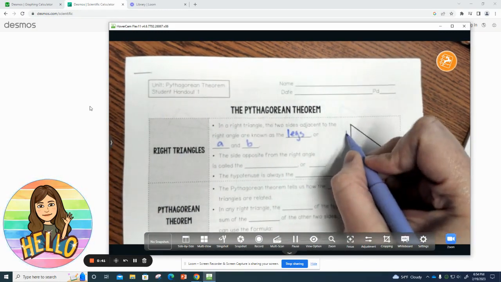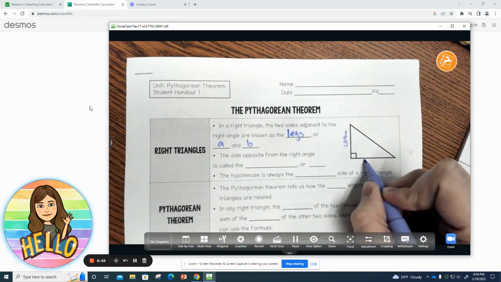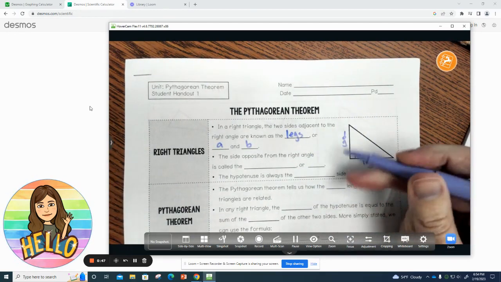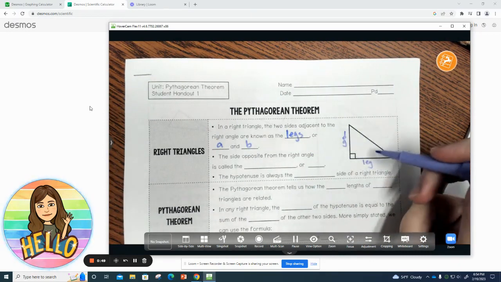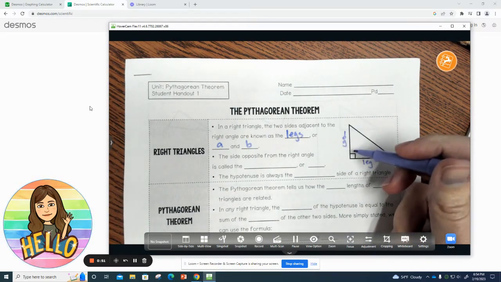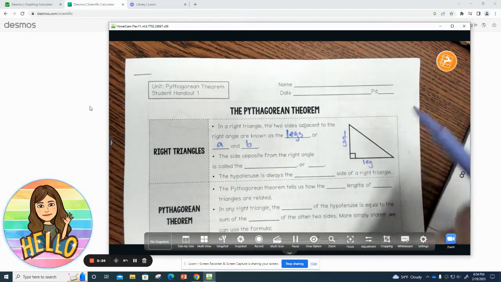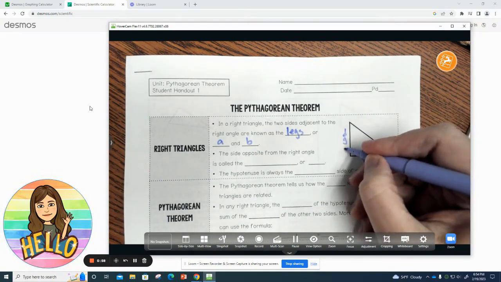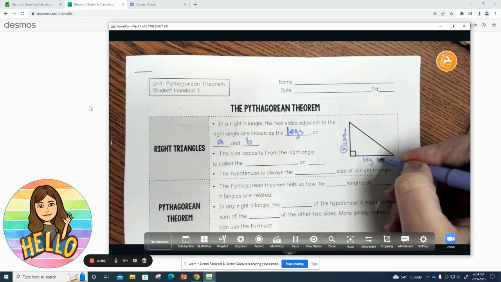So this right here will be a leg, and this side will be a leg. Now, it doesn't really matter which one you label as A and which one is B. If you want to get very picky, I usually like to put A as the shortest side, but it really doesn't matter.